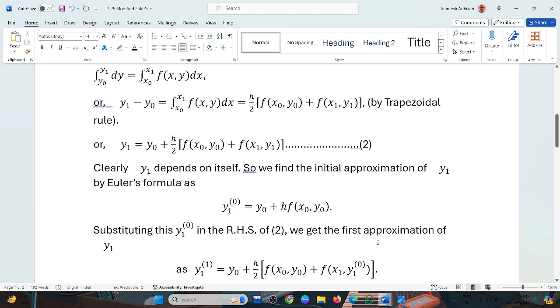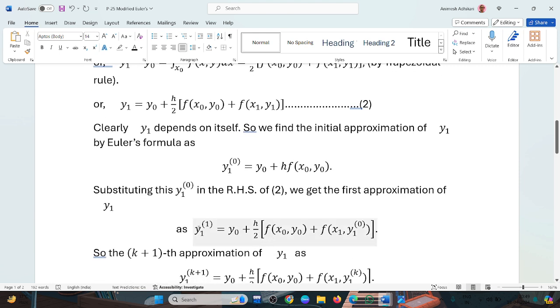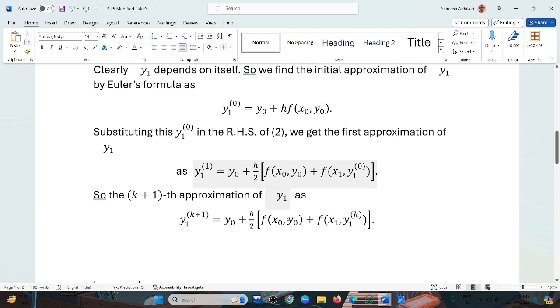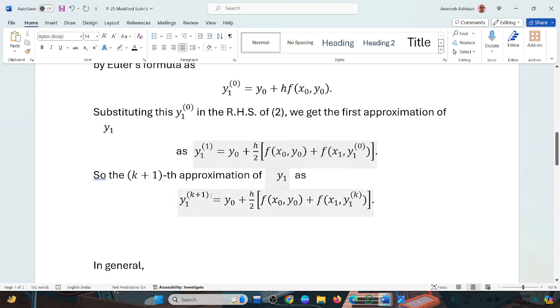We get the first approximation of y1 as y1^(1), equal to y0 plus h by 2 times f(x0,y0) plus f(x1,y1^(0)). So the (k+1)th approximation of y1 is written as y1^(k+1) equal to y0 plus h by 2 times f(x0,y0) plus f(x1,y1^(k)).